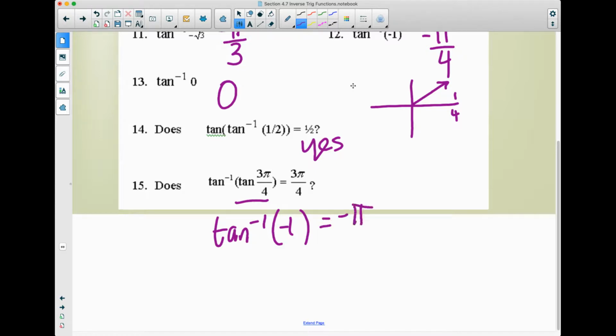The whole purpose of this is to show you that just because you have an inverse and the actual trig function, they don't cancel each other out, and you just take what's inside. So we always work from the inside out, and we're going to do a few of those so that hopefully it clicks from there.